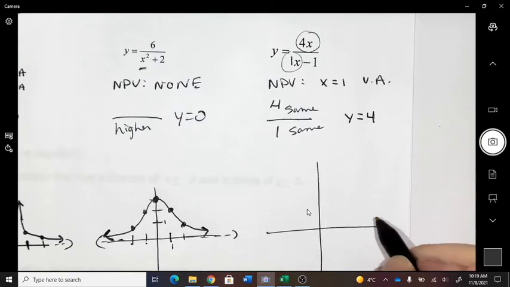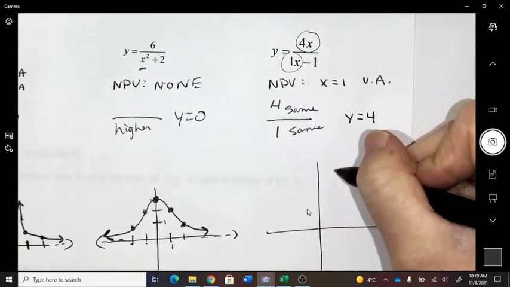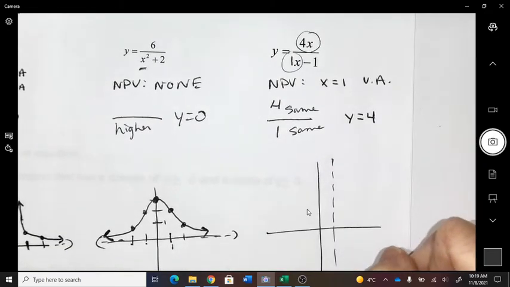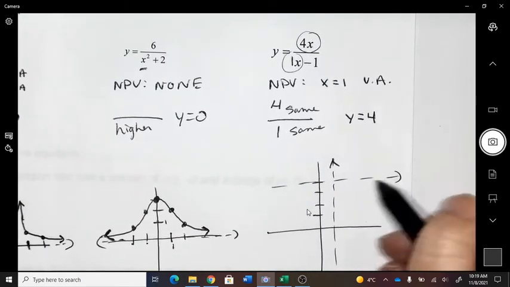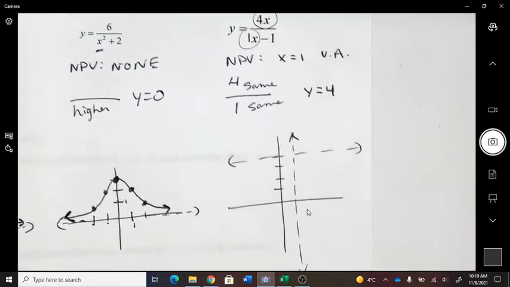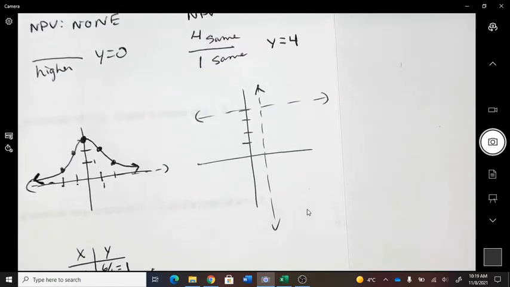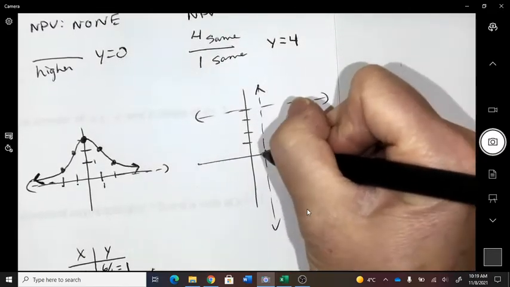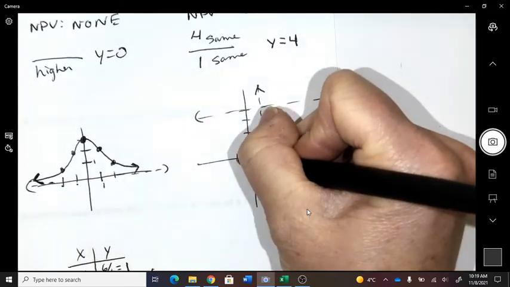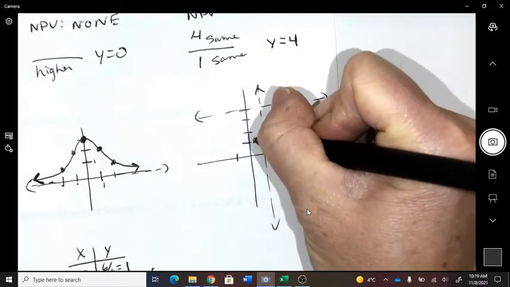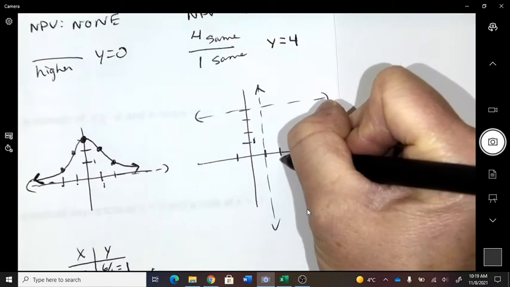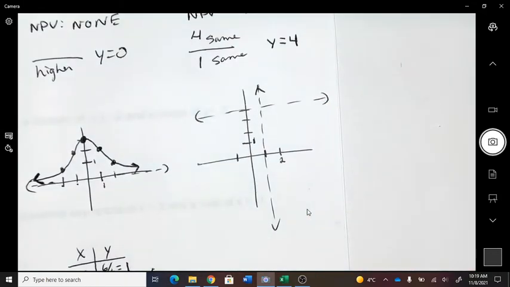Okay, so this is what it will look like for asymptotes. I'm going to throw some numbers on there right now before I forget.